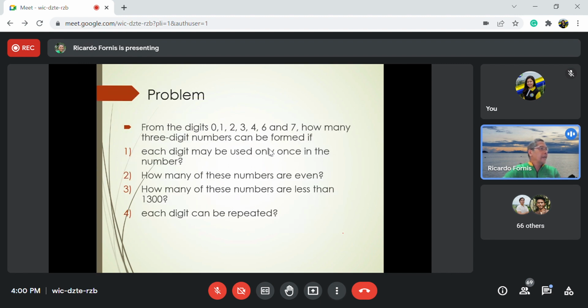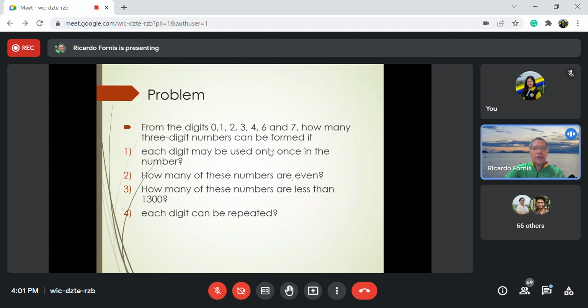Okay, let's analyze this. From the digits 0, 1, 2, 3, 4, 6, and 7, how many 3-digit numbers can be formed if, number 1, each digit may be used only once in the number.